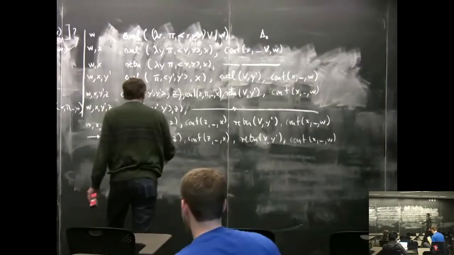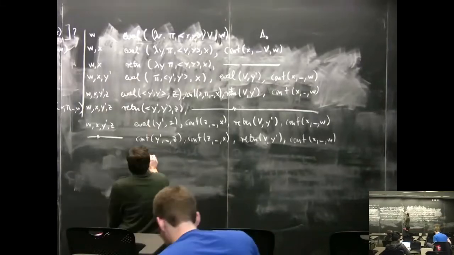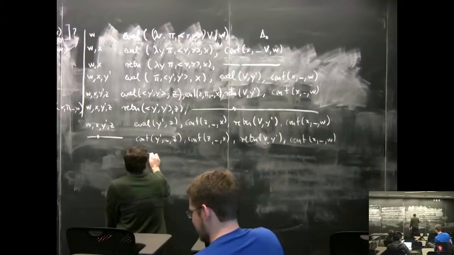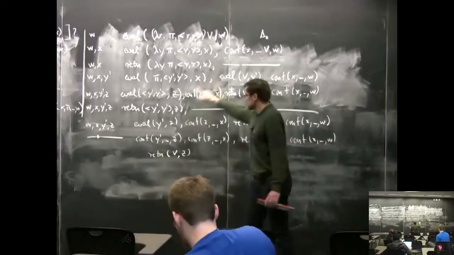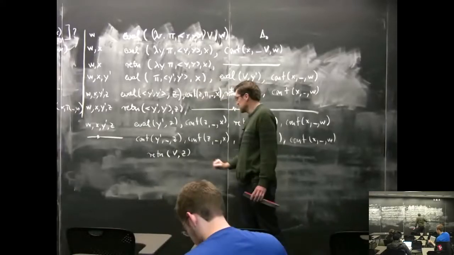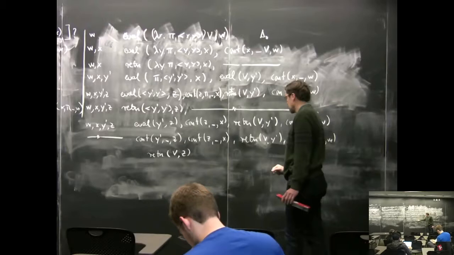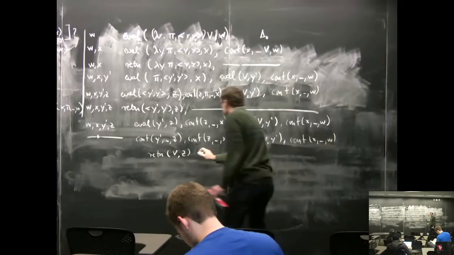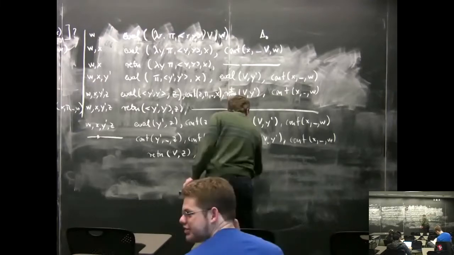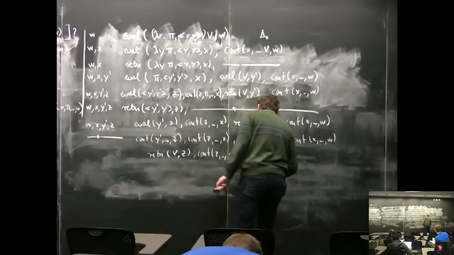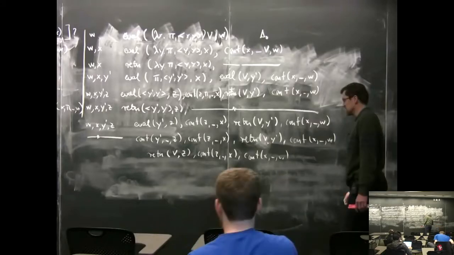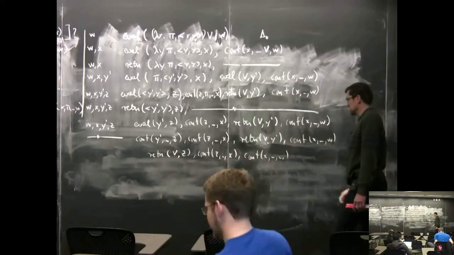That's got to be this rule here, right? Okay, so now these two, what becomes of that is a return of v to z, right? So v returns to y prime, which forwards to z. And the continuation z to x stays. And the continuation of x to w stays. Okay, so what happens next?